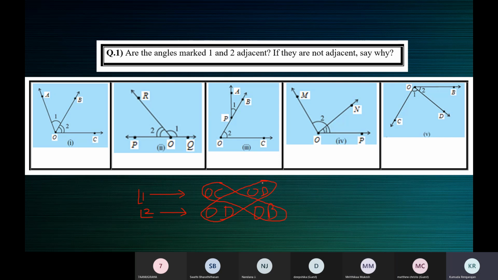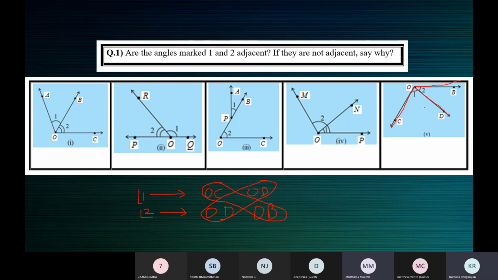Yes, ma'am. OD is the common arm. So these are the non-common arms, the others, OC and OB. See, OD is the common arm, so the non-common arms are OC and OB. Mritika, now does the common arm lie in the middle?